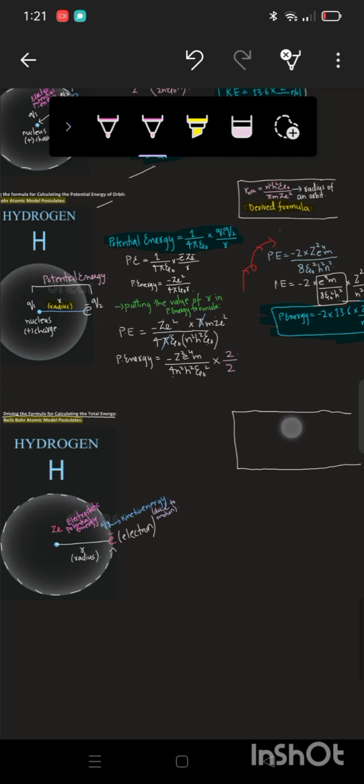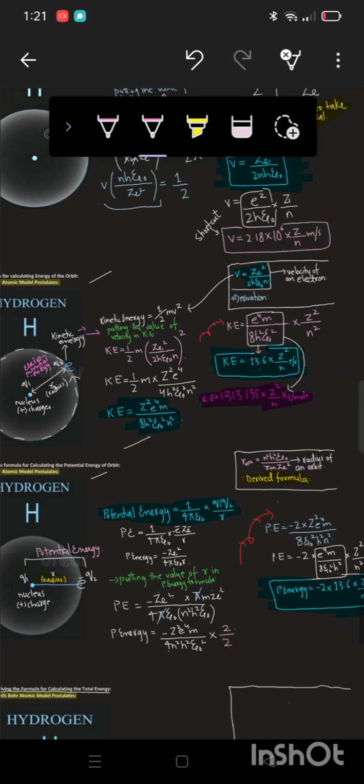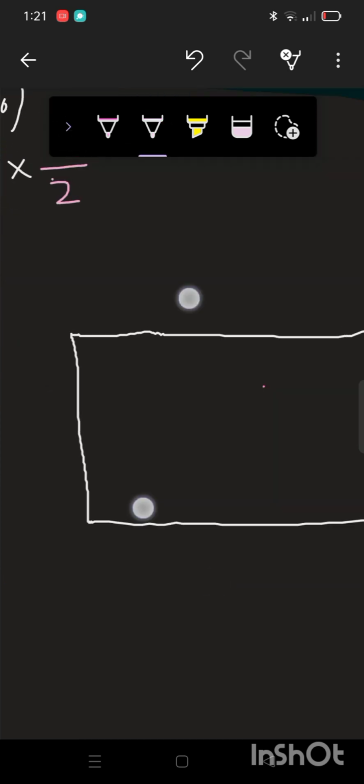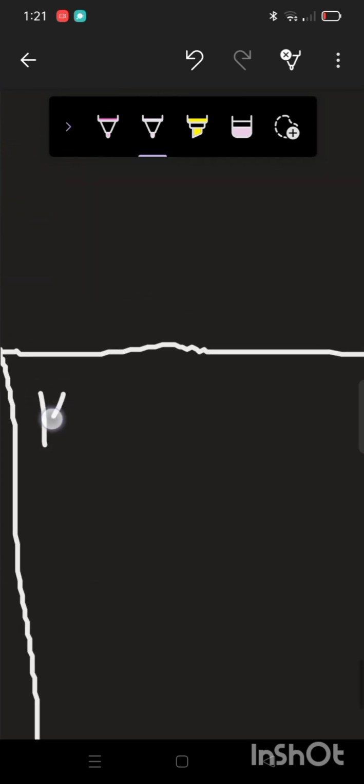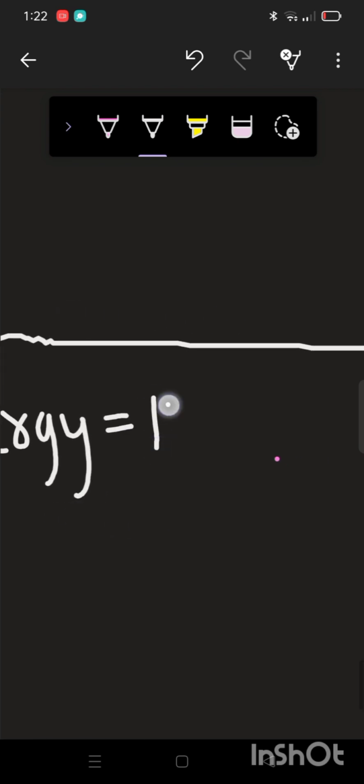Now we have derived the formula for calculating the electrostatic potential energy and the kinetic energy. Let me write here in this box what we have calculated. The kinetic energy of the shell is 13.6 into Z square upon N square electron volt. This is in electron volt, not in kilojoule per mole.